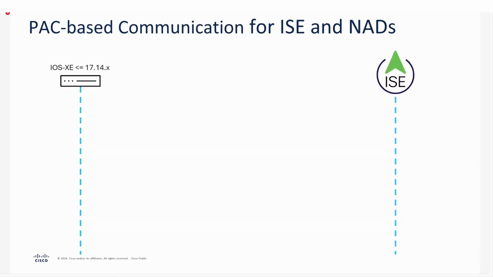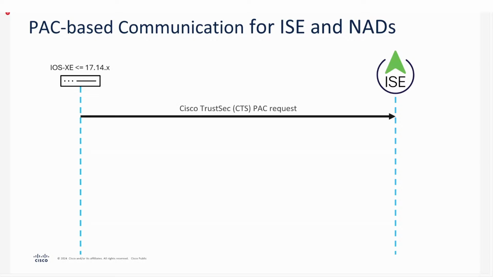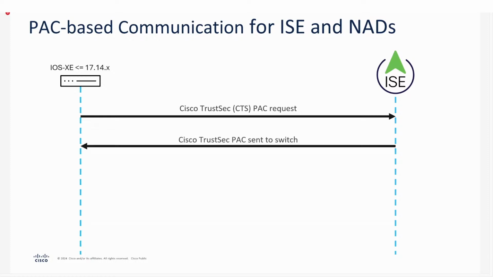The way that communication is established is that once you add that device into ISE, it's going to send a request to ISE for a PAC request. ISE will say, okay, here's your PAC, and it's going to send that PAC over to your switch, your device.